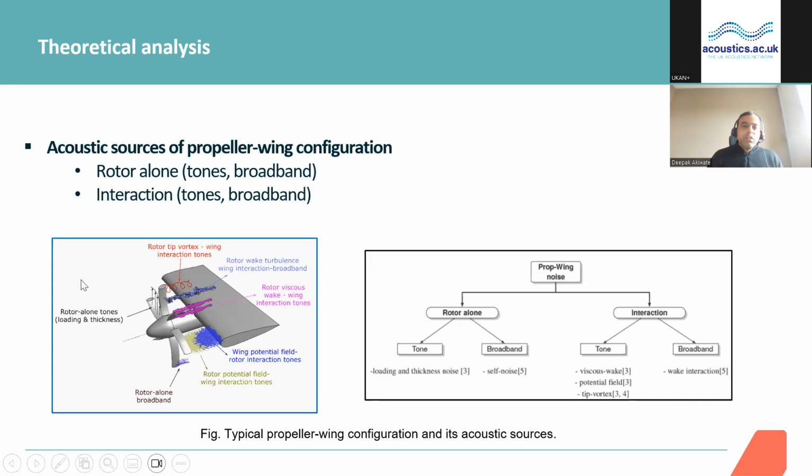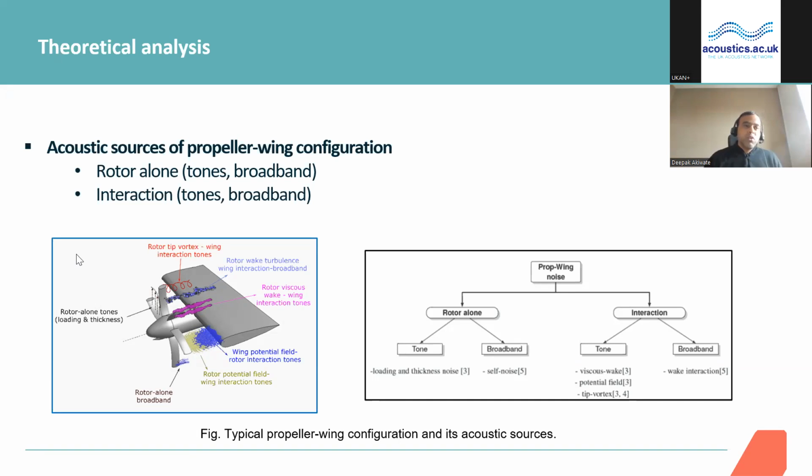This figure shows a typical propeller mounted upstream of the wing, and you can see there are various noise sources associated with it. They can be briefly categorized in terms of rotor alone as well as interaction noise sources. We have various interaction noise sources like wake interaction noise, that is, wakes of the propeller interacting with the downstream wing.